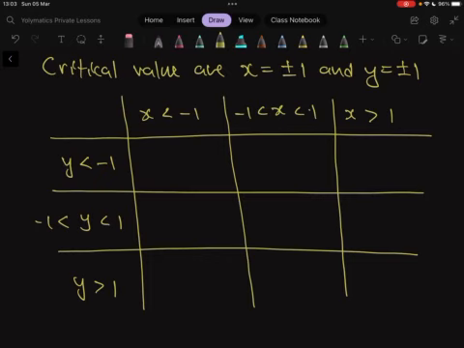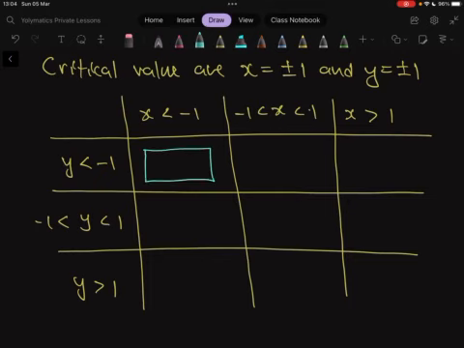What I want to study now are the crosses between all these different regions for x and the different intervals for y. I want to see those intervals for which, when I extract values of x and y that satisfy them, I get positive results afterwards. The first thing, I'm going to look into this region.